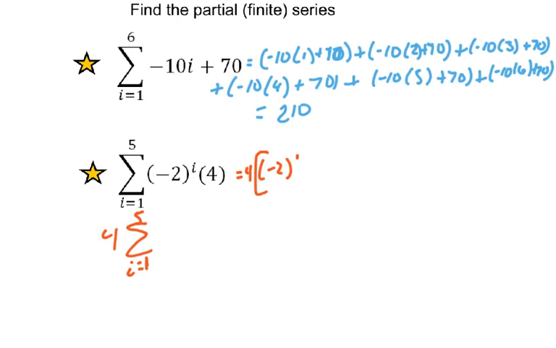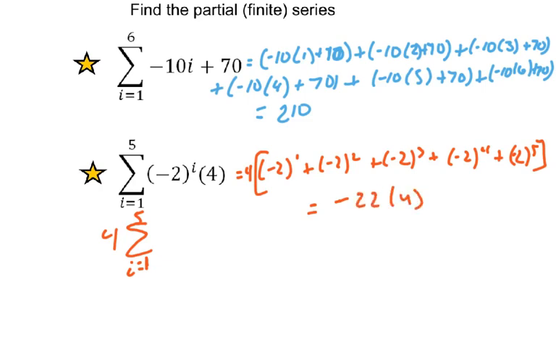But factoring that out for the distributive property, plus negative 2 squared, plus negative 2 cubed, plus negative 2 to the fourth, plus negative 2 to the fifth. And make sure you use parentheses. Remember, your calculator is only as smart as its operator. And for that one, we end up getting, I believe, negative 22 times 4, which is negative 88.